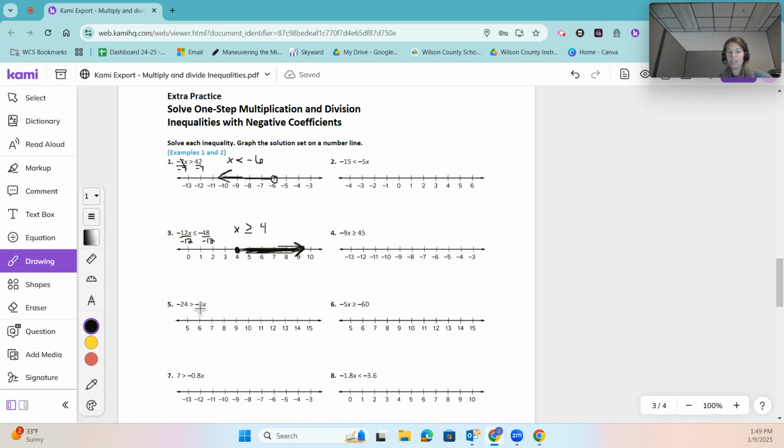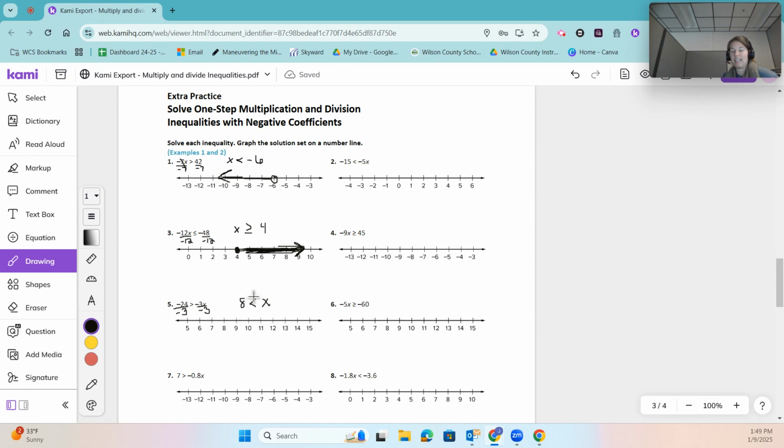One more. Negative 24 is greater than negative 3x. To solve this, I divide by negative 3. Again, dividing by a negative. 24 divided by 3, I get positive 8 is less than x. Because I divided by a negative, I flip my symbol.